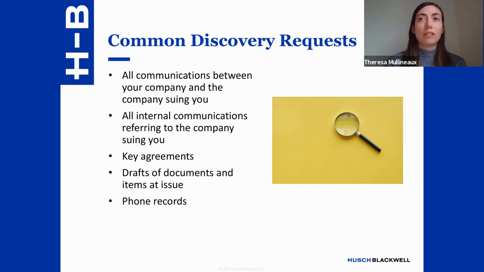Anything can be discovered under this process, assuming that it's not protected by some sort of privilege. This will also include any business arrangements, those key documents, phone records, things like that. And to the extent that it involves you personally, it can also ask for personal information such as your home address, your phone number, your contact information, things like that.